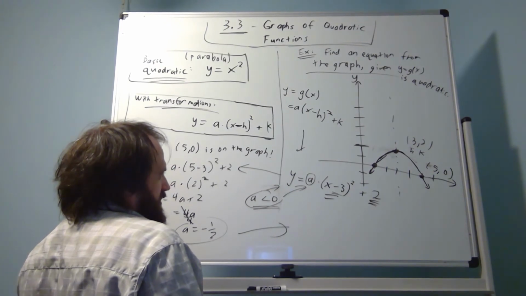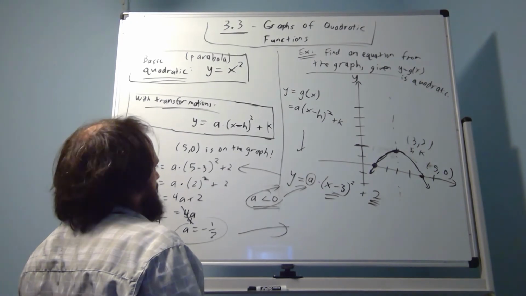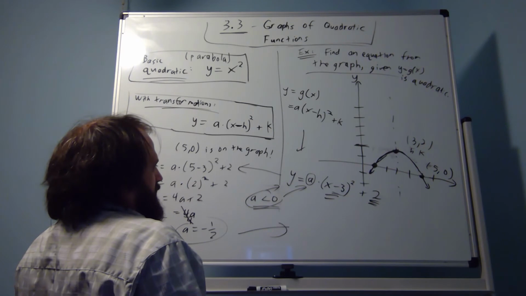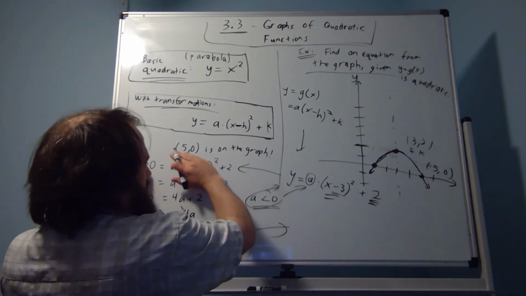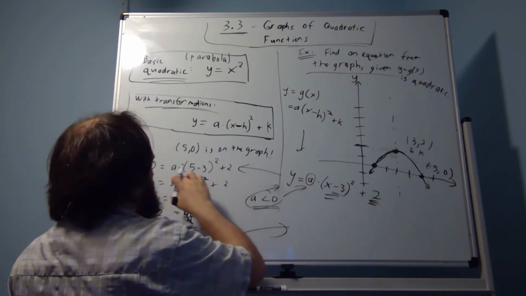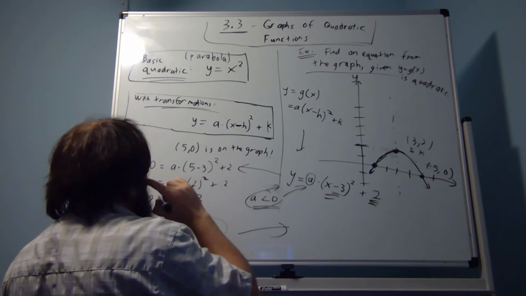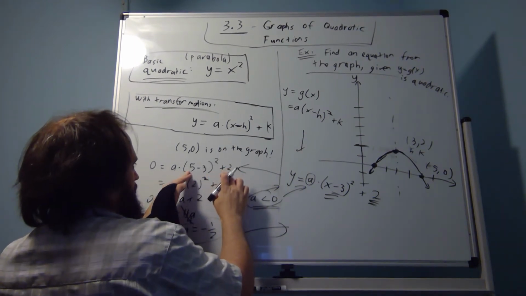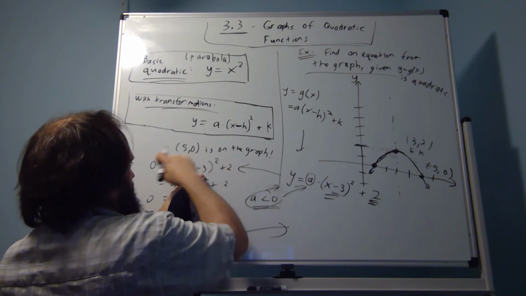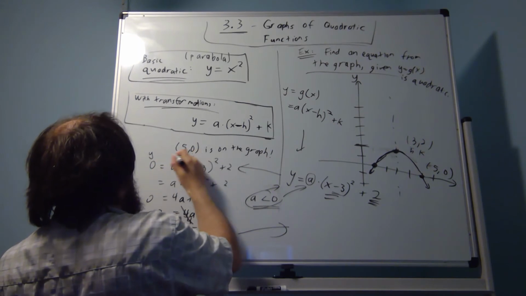We need some point on the parabola that is different from the vertex. We don't learn anything new from the vertex. If we tried to plug that in, we would just learn that 2 is equal to 2, and there'd be no a term. But if you pick a different point on the parabola, you do learn what a is, because a becomes something that you solve for when you plug in the other x-y pair. So x and y, y is 0.